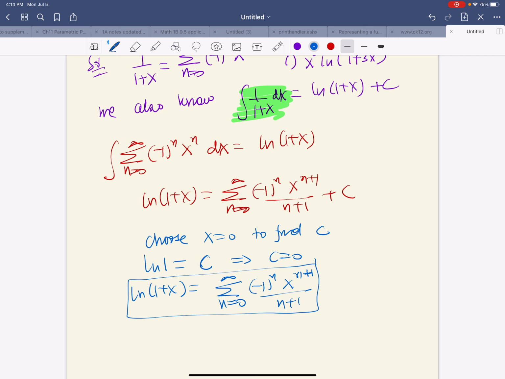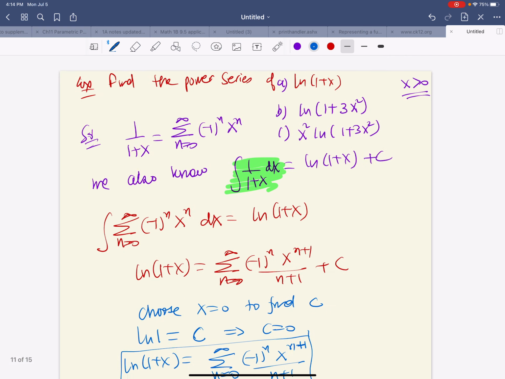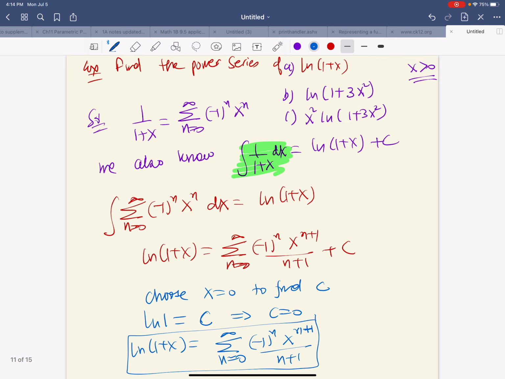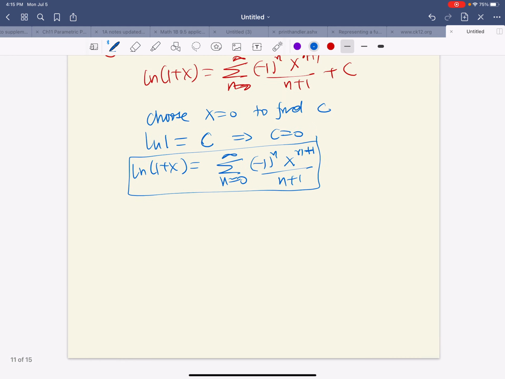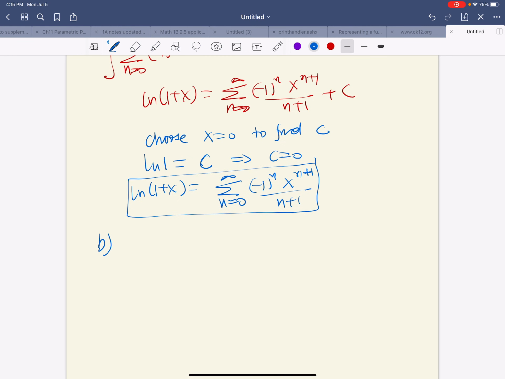Okay, so once we have the power series for natural log of 1 plus x, we can write the power series for any other function. I can write the power series for natural log of 1 plus 3x squared. I'm going to replace the x by 3x squared. Part B, natural log of 1 plus 3x squared would be summation n equals 0 to infinity, negative 1 to the power n, x gets replaced by 3x squared, to the n plus 1, over n plus 1.